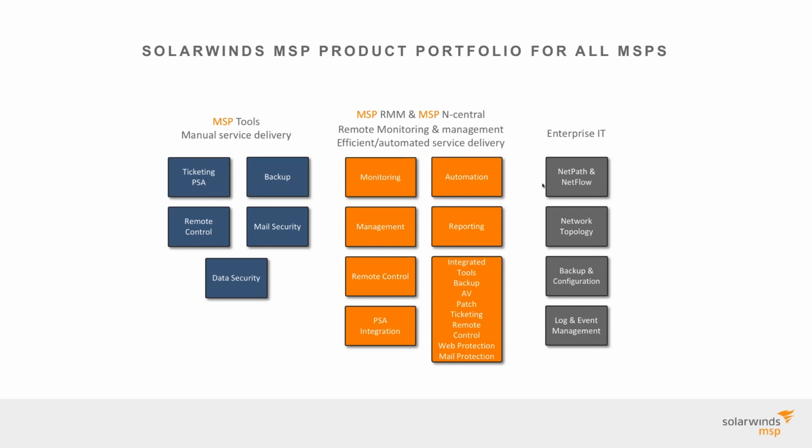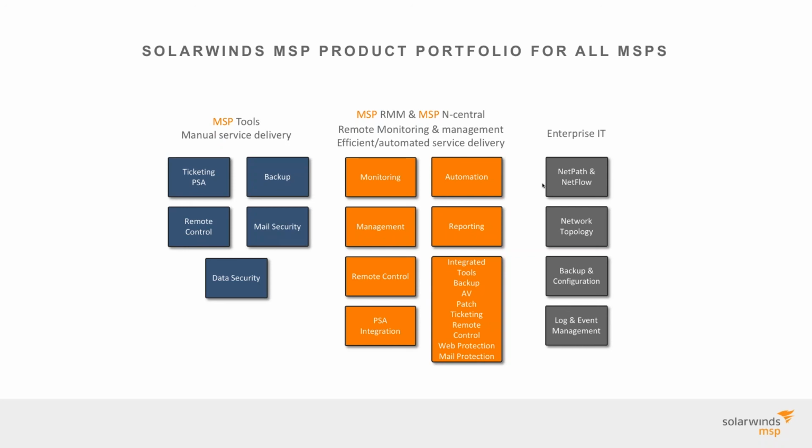Then we move into the more formal remote monitoring and management tools, both in MSP RMM and the MSP N-Central product. Allows you a lot of things to monitor, manage the end devices as well as some of the network stuff.